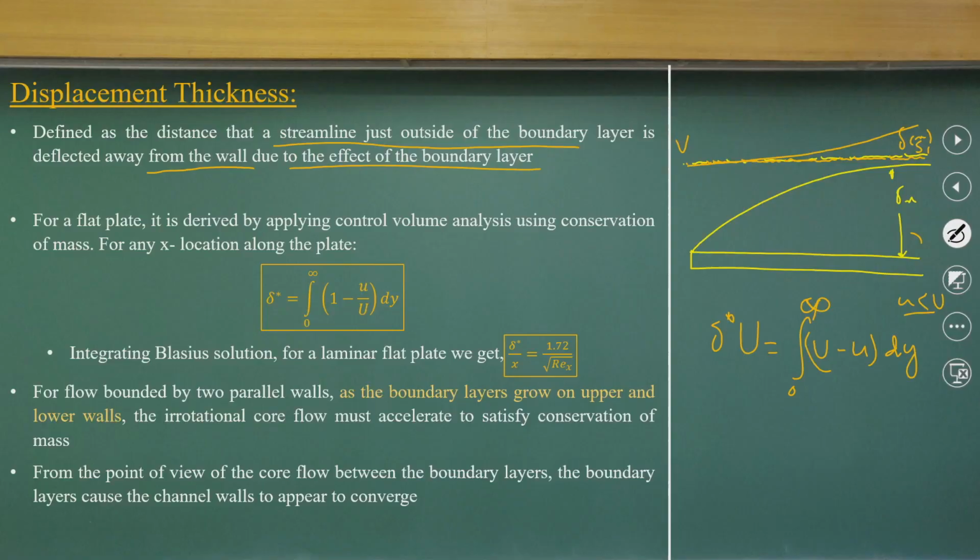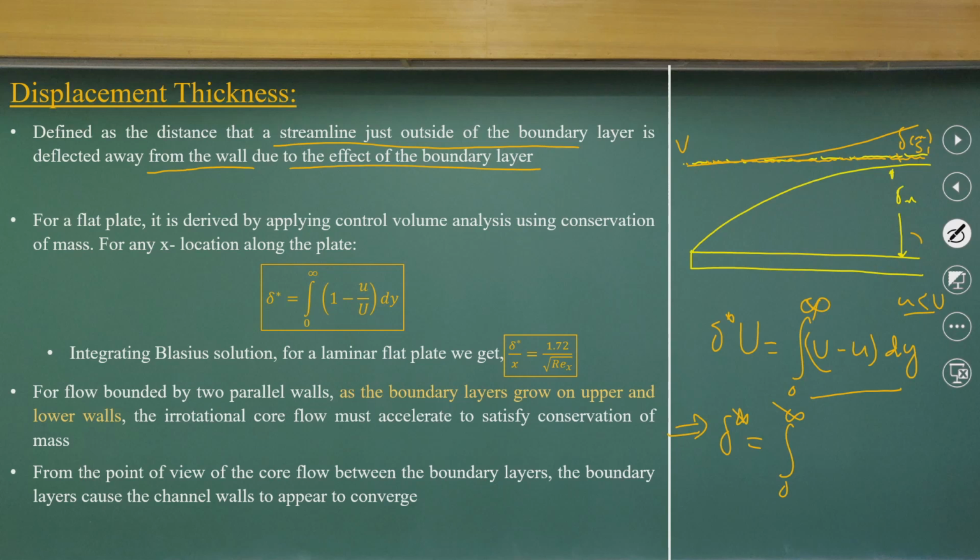So this is the mass component which passes through because of the deflection of the streamline. This is the mass deficit that happens within the boundary layer, because the velocity in the boundary layer is lesser than the free stream value U. That is how much mass deficit is happening. If you rearrange this, you get the integral from 0 to infinity, because technically we do not know where the boundary layer ends.